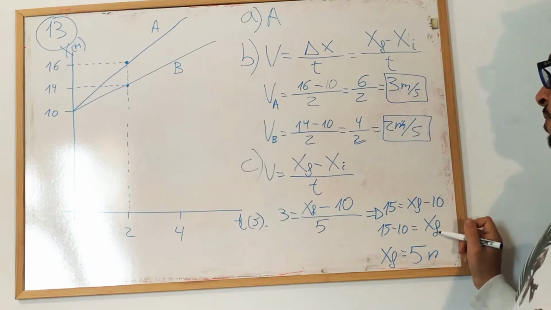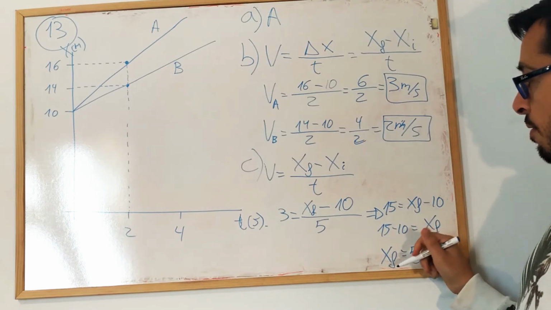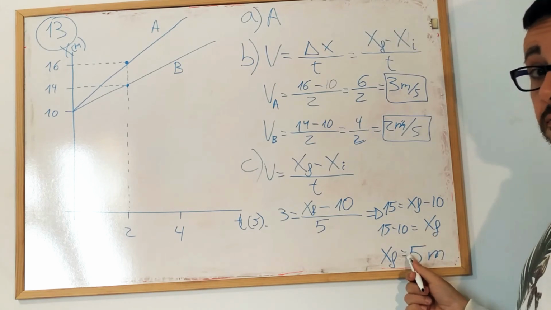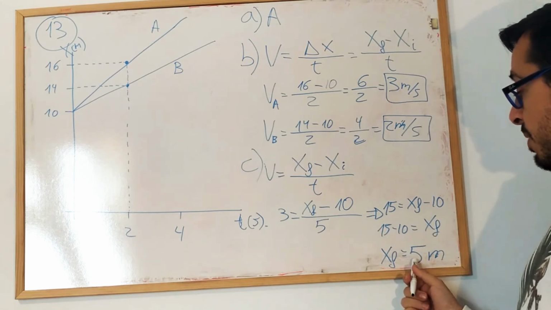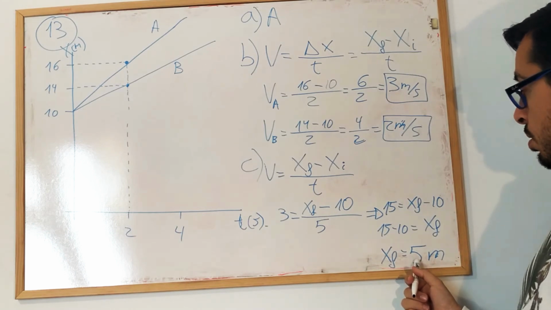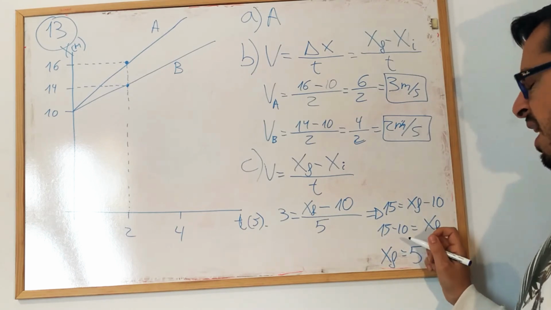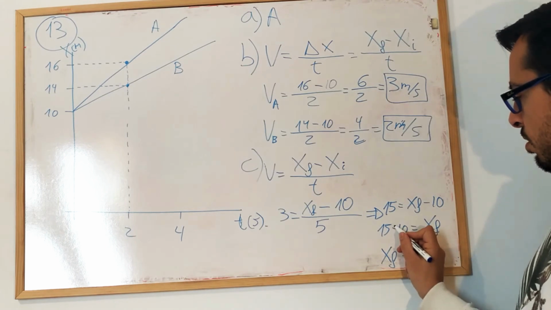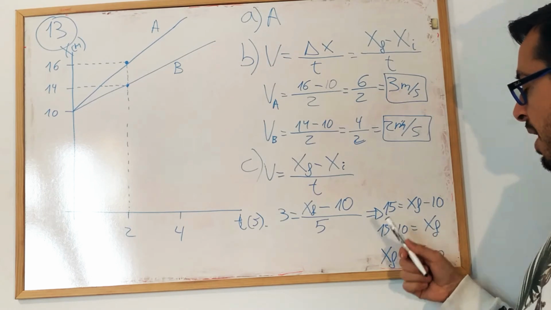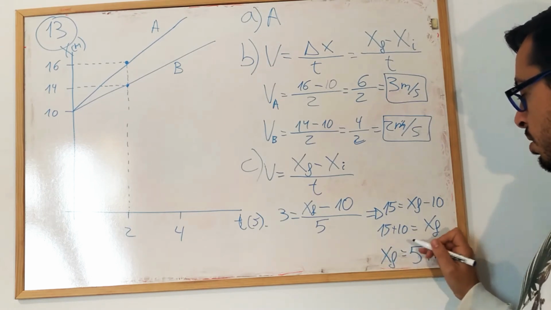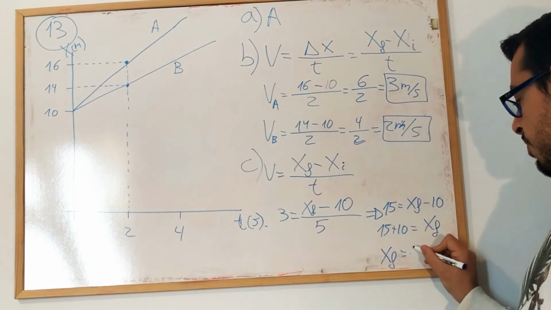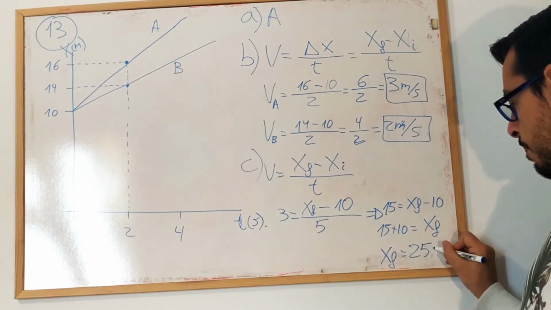No. Final position is not going to be 5 meters. It's going to displace 5 meters. The displacement is going to be 5 meters. So final position... Oh, I made a mistake. If this is minus, it goes plus. So it's going to be 25 meters.